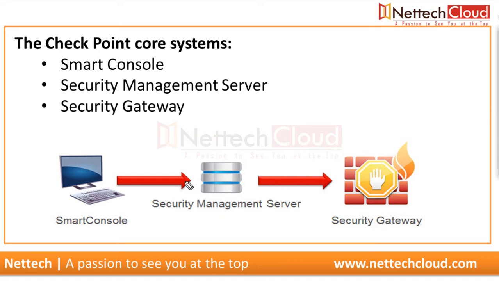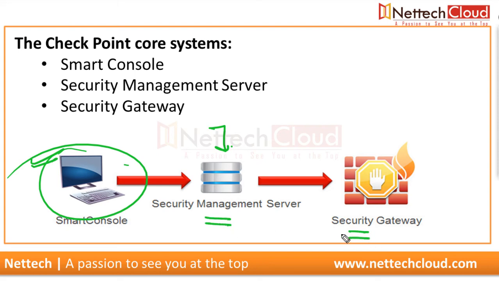So the GUI client first connects to the management server, then security policies are created and saved locally on the database, I mean the SMS, and then the next step is policy installation. We push the policy from the management server to the security gateway, right? Policy can be installed only if there is secure internal communication.